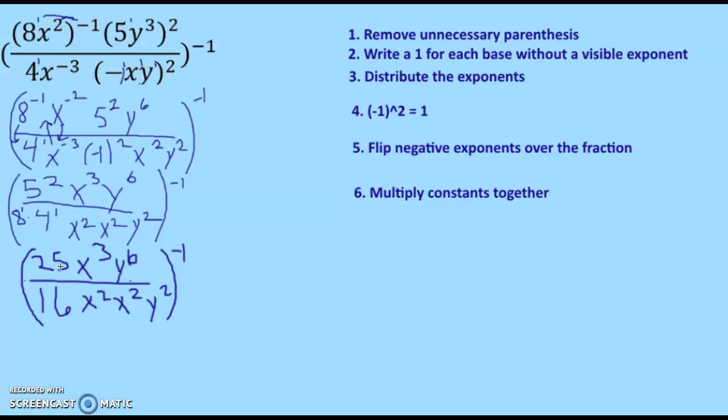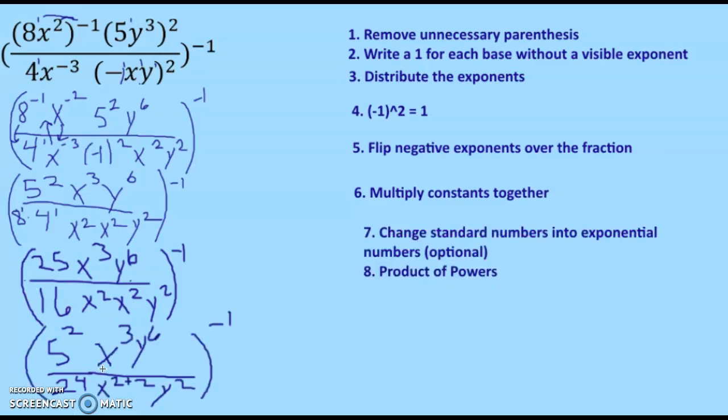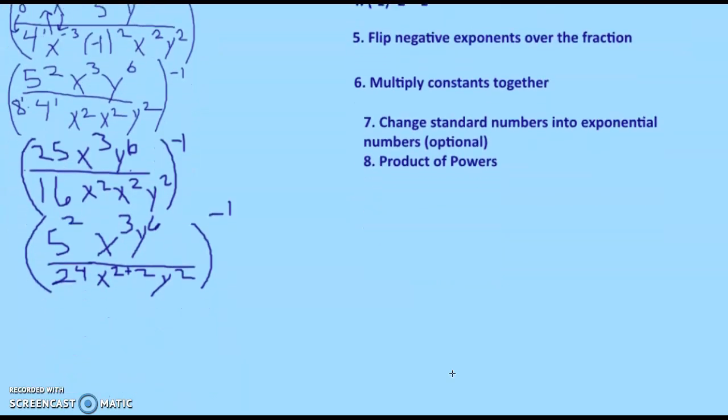Now, instead of standard form, you could also write this in exponential form. So that'd be 5 squared over 2 to the 4th. And then we're going to use product of powers to combine the x's together. So 2 plus 2 would be 4. And so now we rewrite it again.